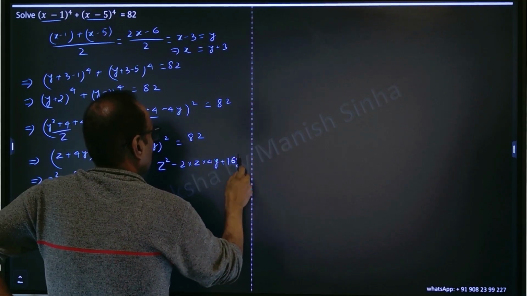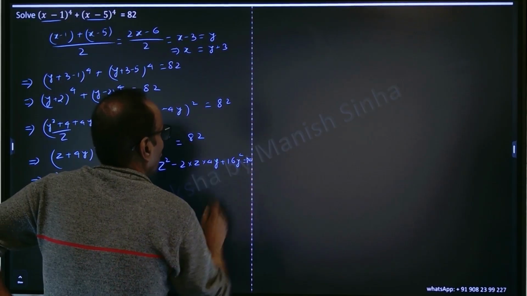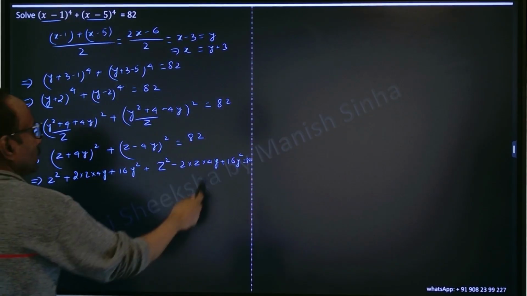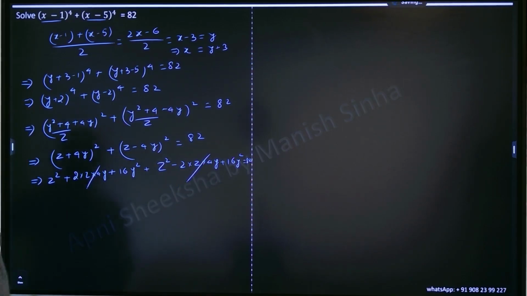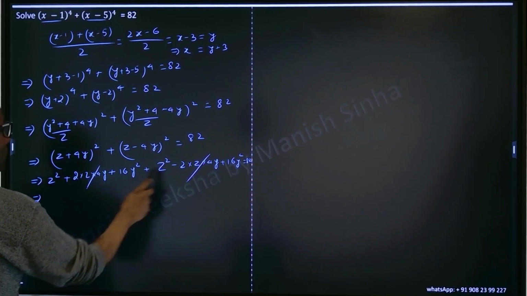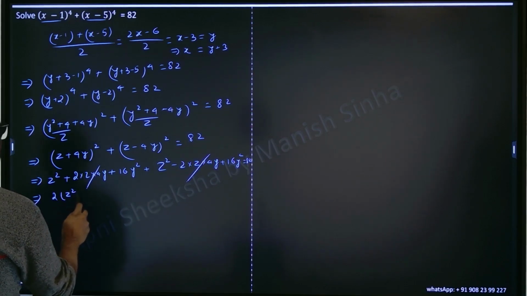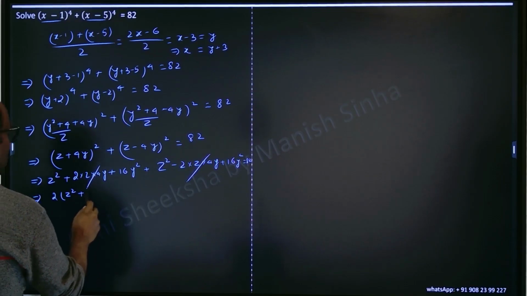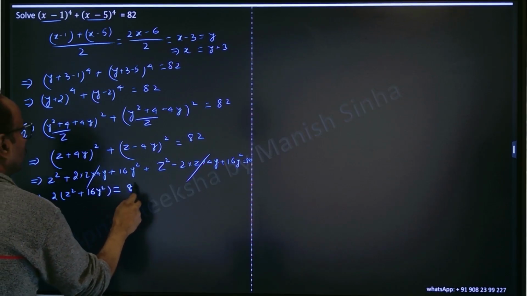So it is 2z square, 2 into z square plus 16y square is equal to 82.